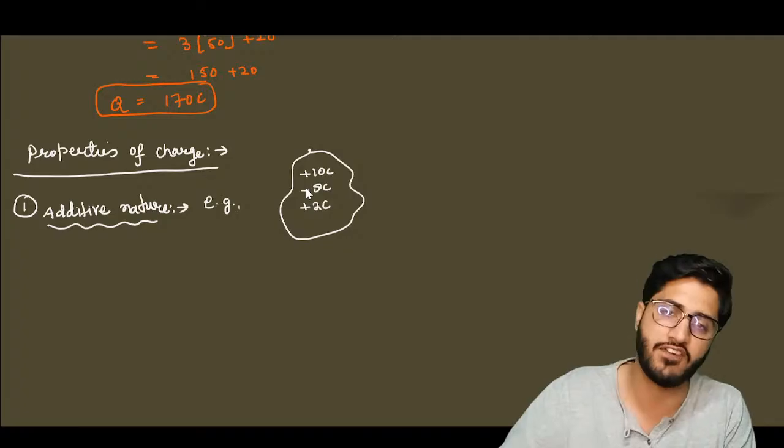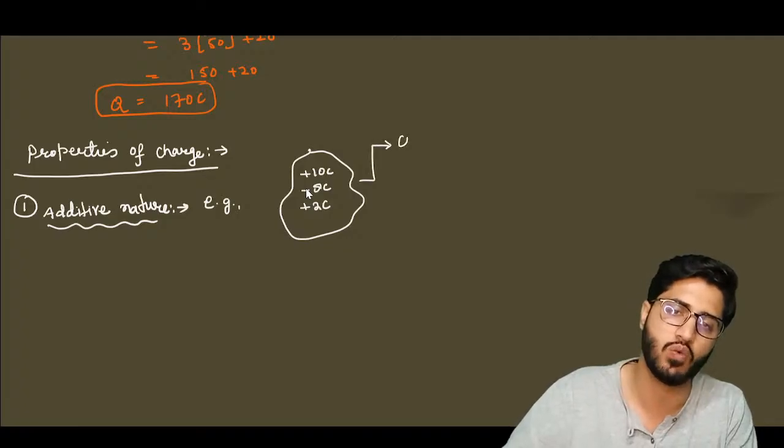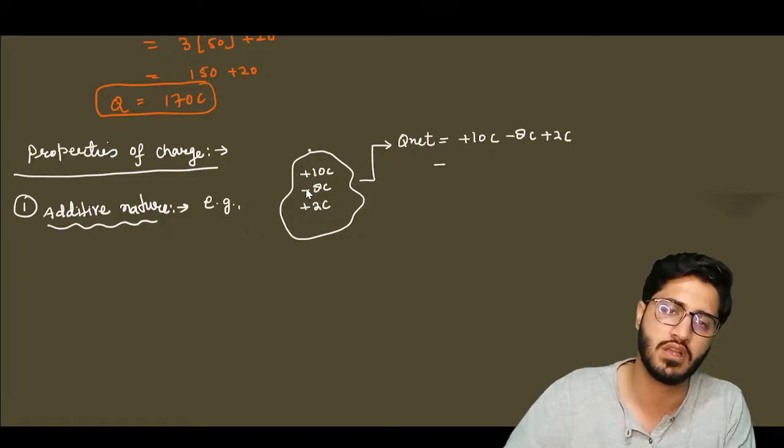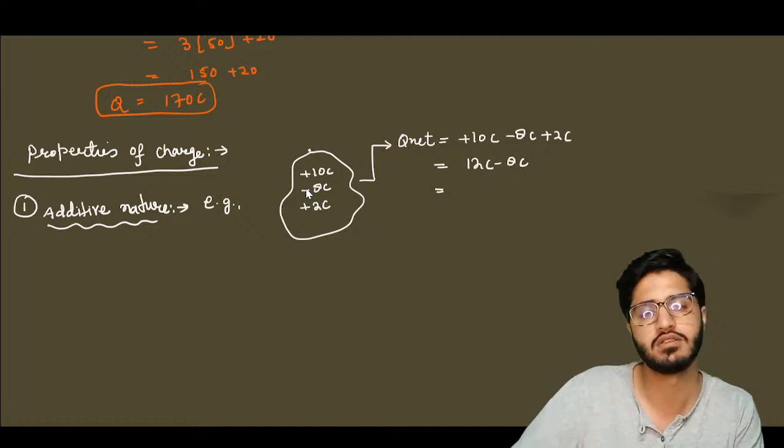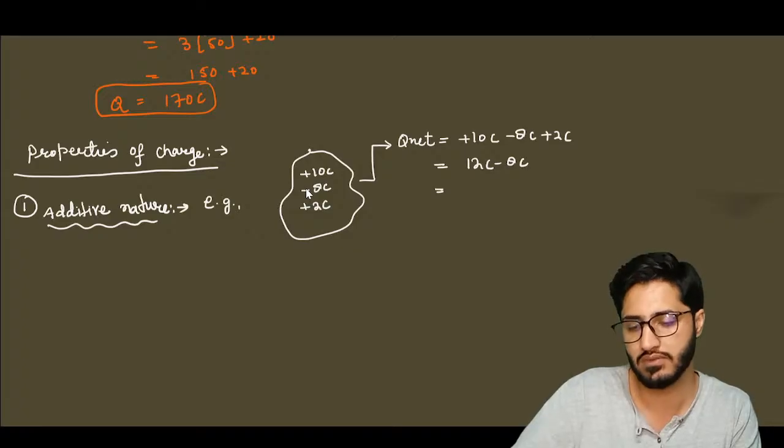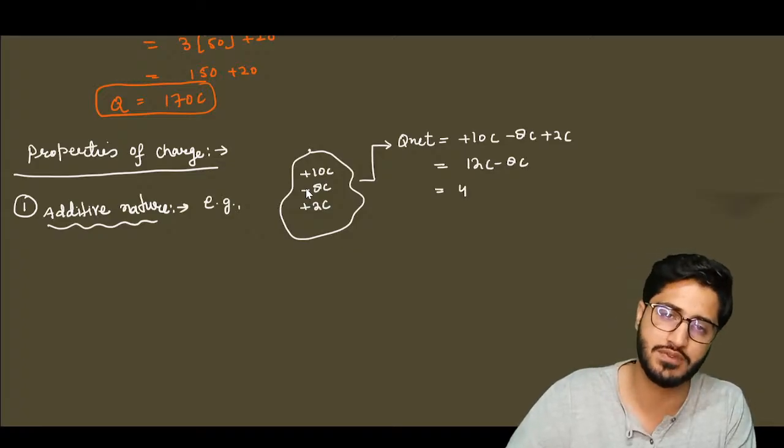So how we can find the net charge of it? So simply you can add those things. So you can write plus 10 Coulomb minus 8 Coulomb plus 2 Coulomb. And what will be the answer? 12 Coulomb minus 8 Coulomb, simple now, 4 Coulomb. So 4 Coulomb will be my answer.